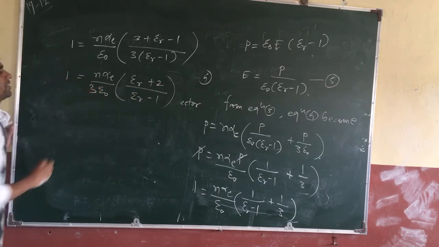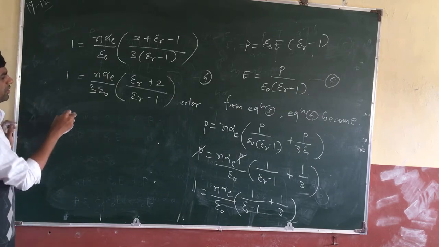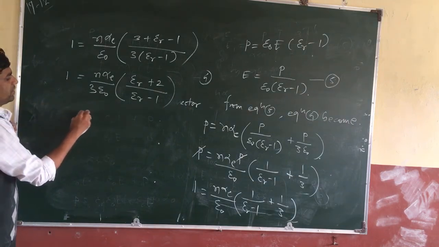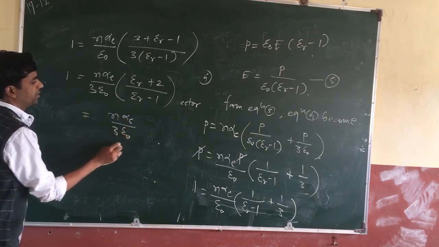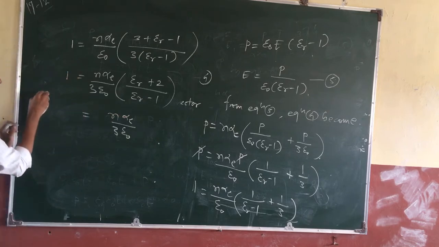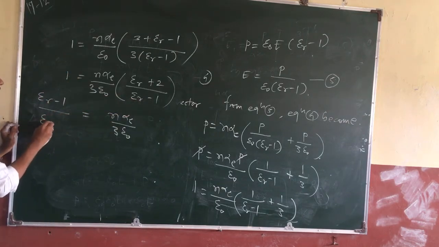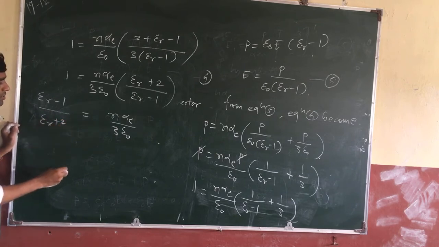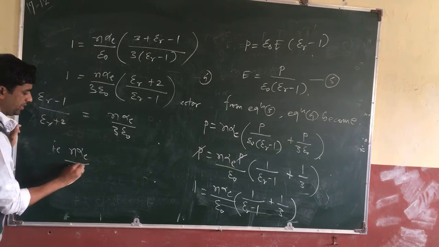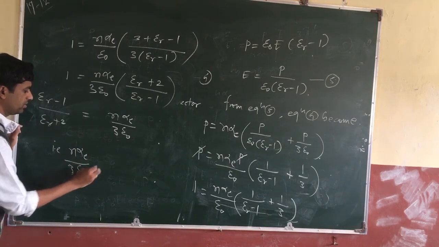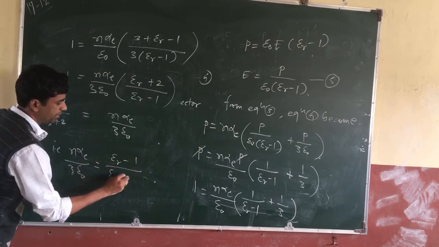Taking 3 outside, N alpha divided by 3 epsilon naught is equal to epsilon R minus 1 divided by epsilon R plus 2.